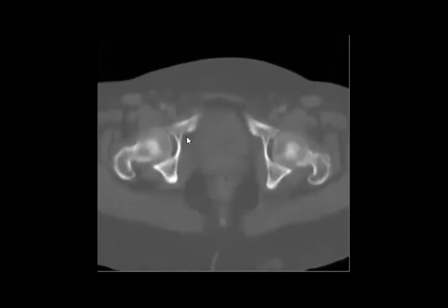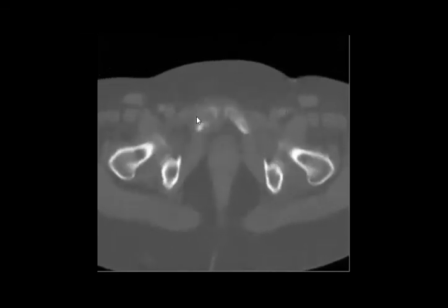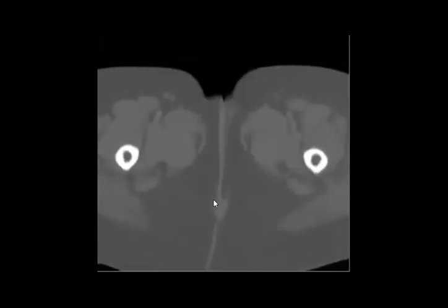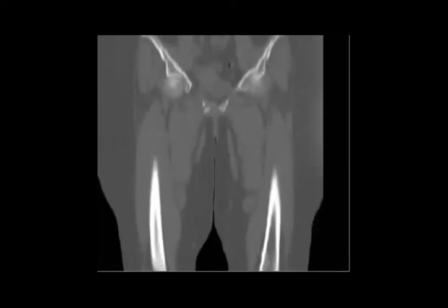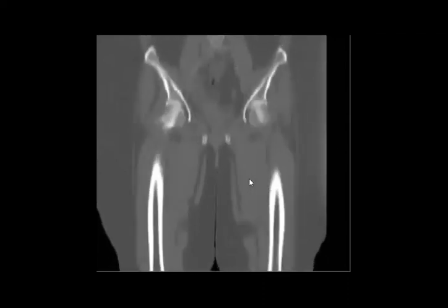Yeah, metastatic, perfect. And here also, maybe this one, and here. So you have many lesions. Maybe you can go to the coronal image to confirm some of them. Already you can see the one here, now it is an easier one. And yeah, so multiple metastatic lesions, perfect.